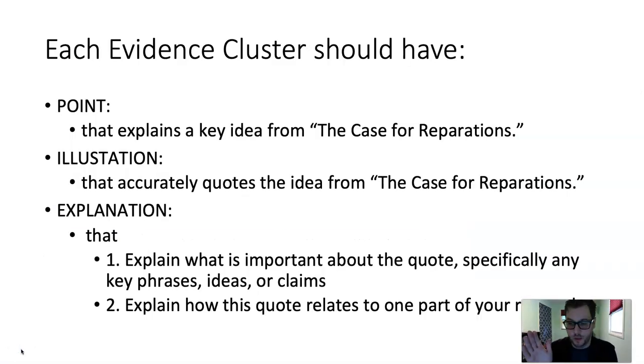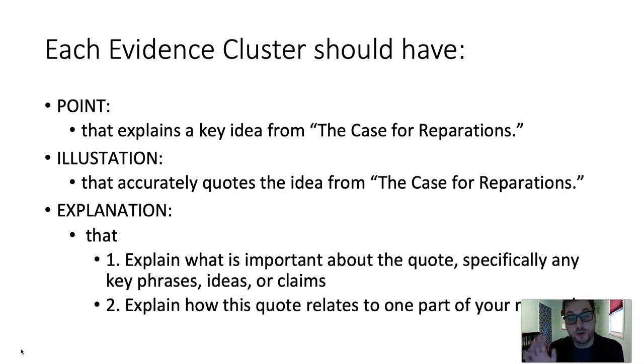So, to reiterate, each evidence cluster, and you will write 2, right? If you think of the evidence clusters as paragraphs, part 2 of the research paper requires 2 paragraphs. Each evidence cluster should have a point, illustration, and explanation. The point should explain a key idea from the case for reparations.